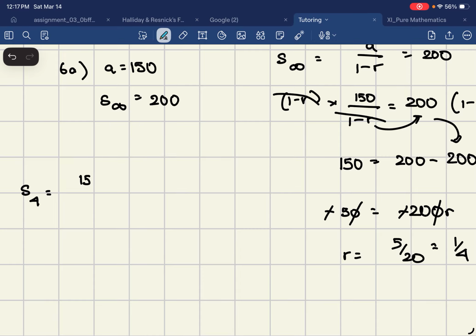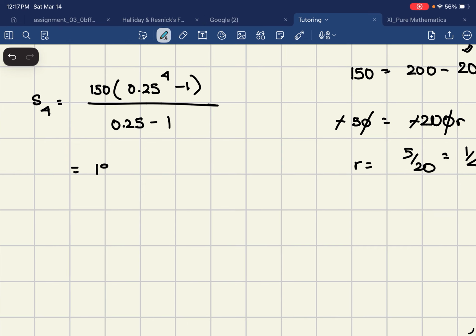So that is going to be a times r to the power n, r is 0.25, to the power n, 4 terms, minus 1, divided by 0.25 minus 1. And if you use your calculator to simplify this, you get 199.21875. So that is your answer.